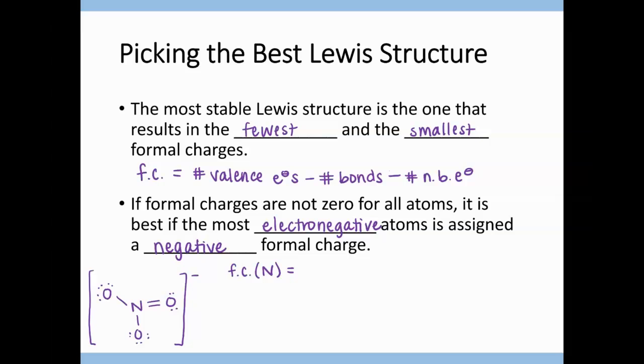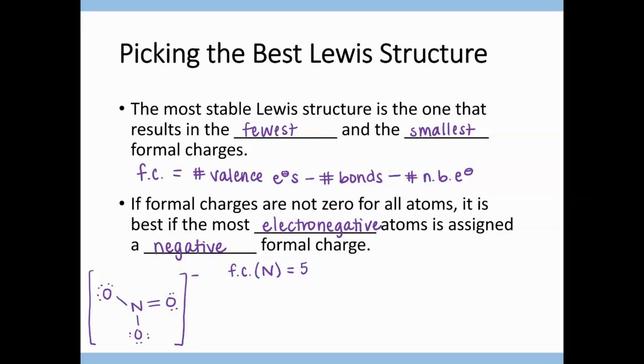Okay, so we have number of valence electrons of the free atom, so a neutral nitrogen atom, number of valence electrons, also equal to the column number, so 5 for nitrogen, minus the number of bonds in this structure.